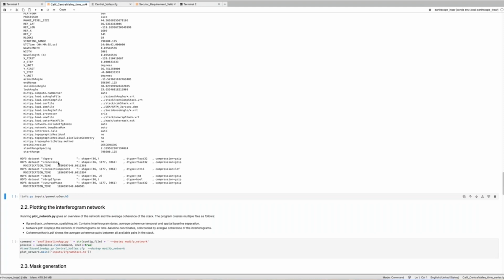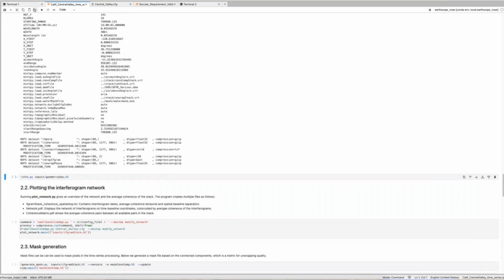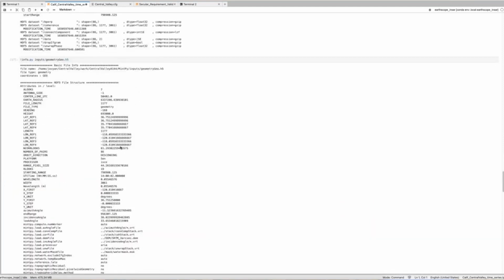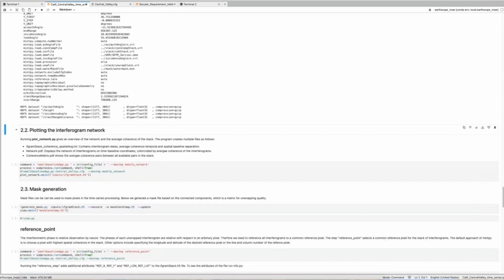That's the correlation-based, spatial coherence that we mentioned earlier, and the unwrapped phase, plus other information such as the date of each, the two dates that were used to make that acquisition, and the perpendicular baseline between the data sets. There's also a geometry file that has all the information about the azimuth and incidence angle of the two line of sight angles, and the height of the DEM at that location.